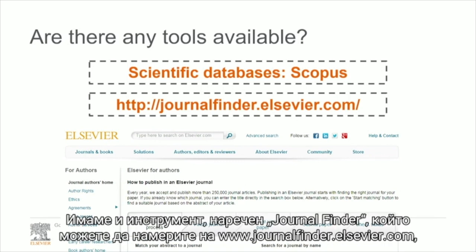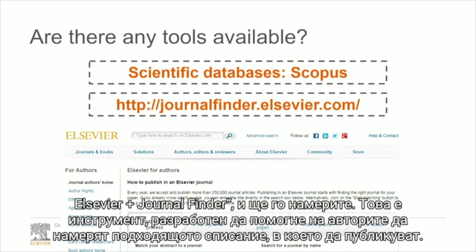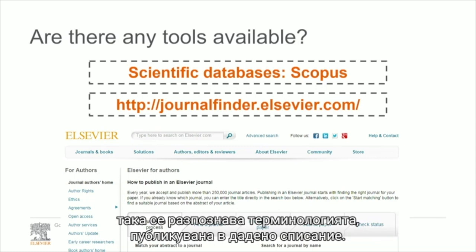There is also a tool called Journal Finder. You can find it at journalfinder.elsevier.com, or you can simply Google it, Elsevier Journal Finder, and you will find it. This is a tool we developed to help authors find the right journal to publish in. So basically how it works, we have a computer that is reading every single paper we published, and it is then learning what is the language of the papers typically published in a given journal.